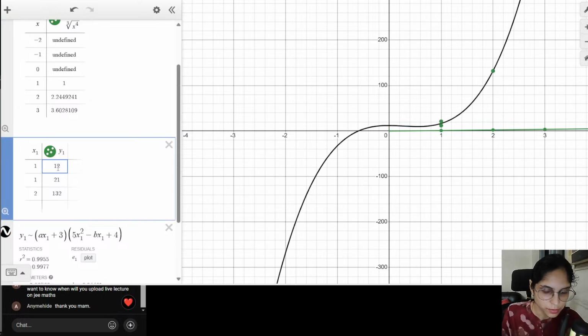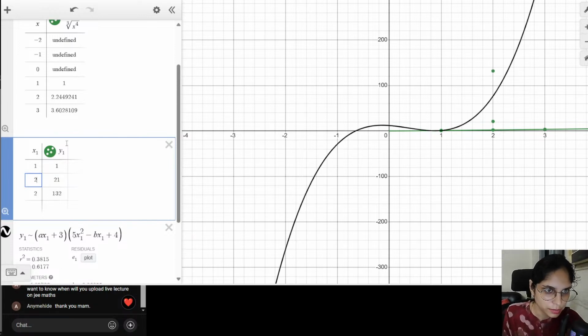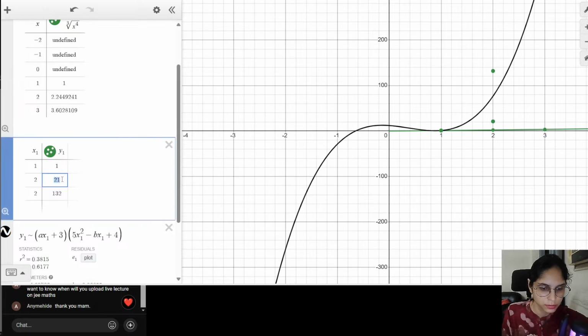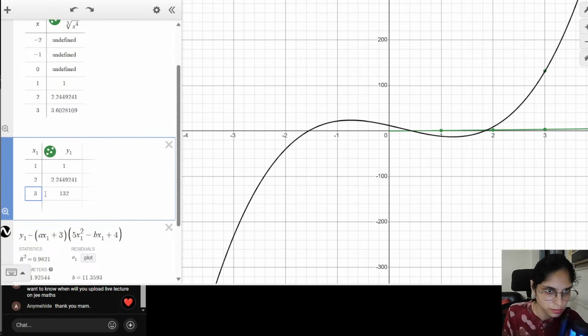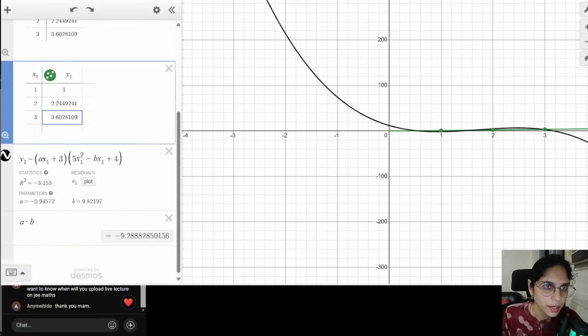So at 1 it is 1. At 2 you're getting this value, 2.2449241, and at 3 you get 3.6028109, and your function is just x to the power a over b.